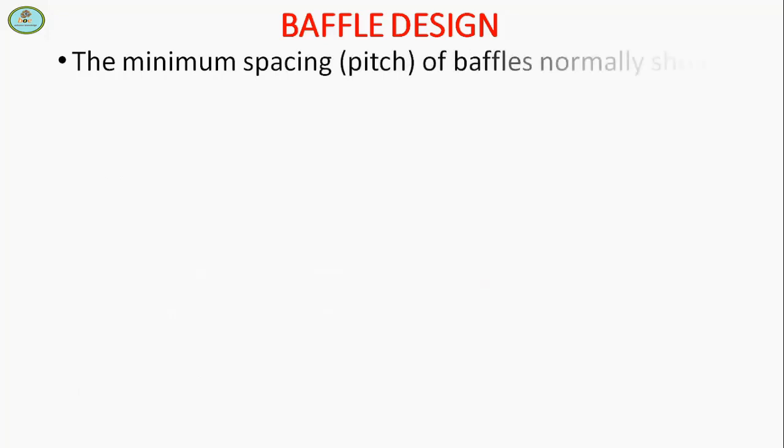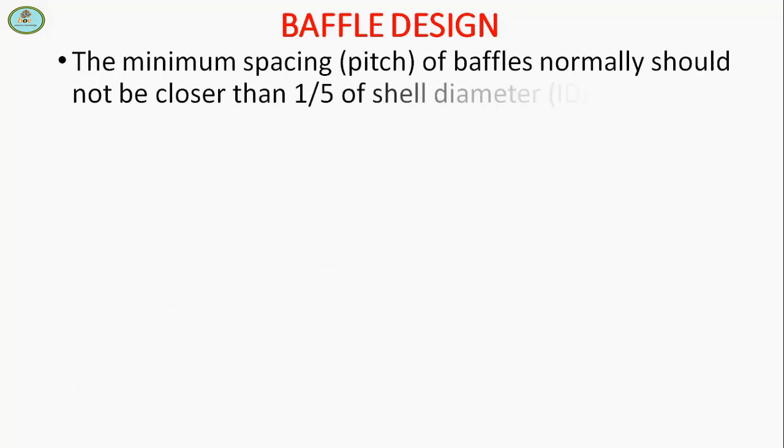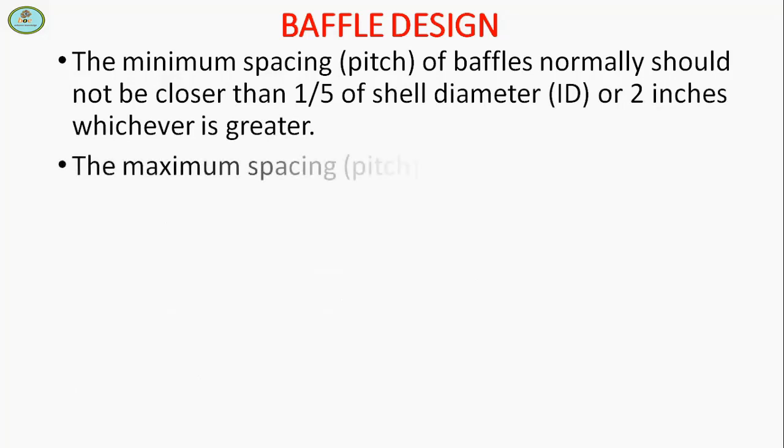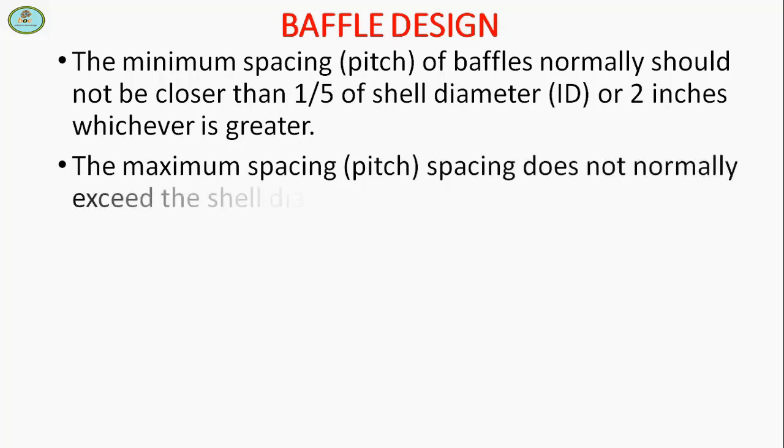The minimum spacing of baffles normally should not be closer than 1/5 of shell diameter or 2 inches, whichever is greater. The maximum spacing does not normally exceed the shell diameter.